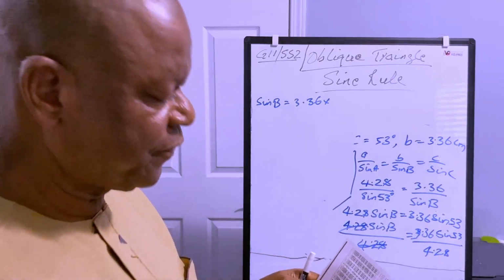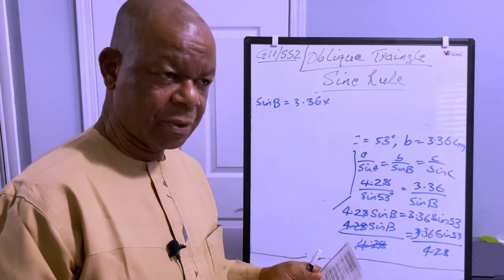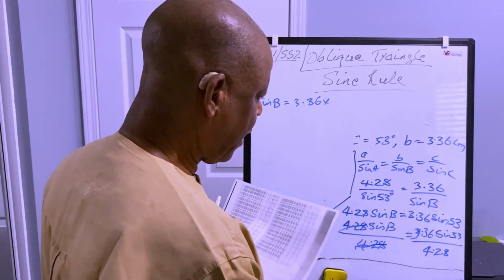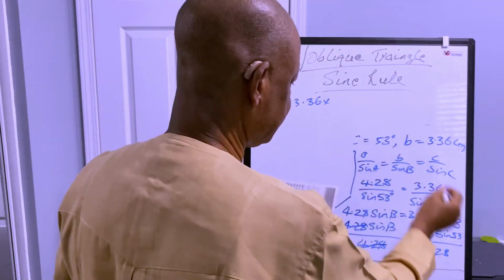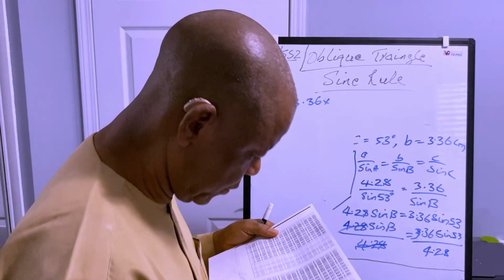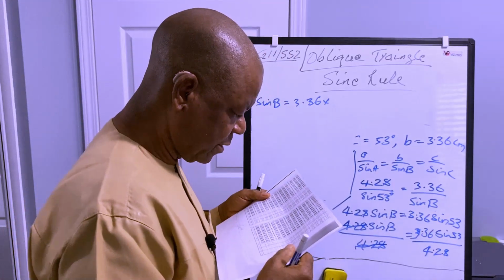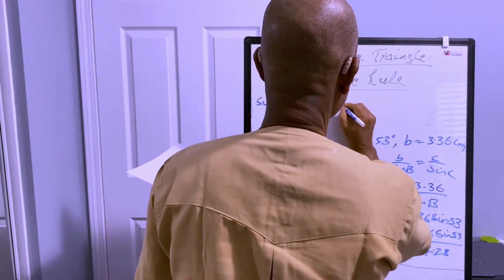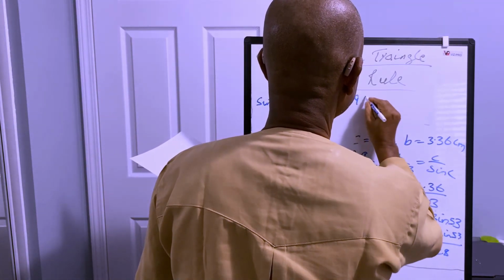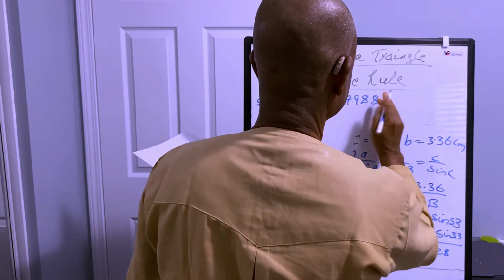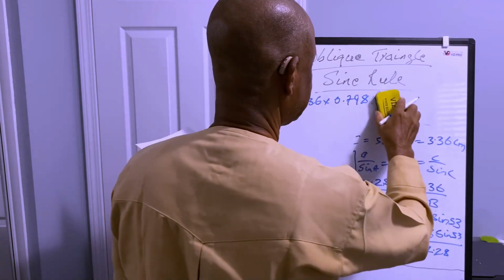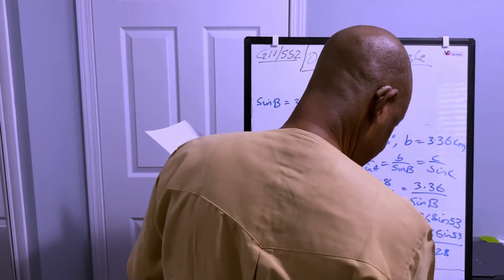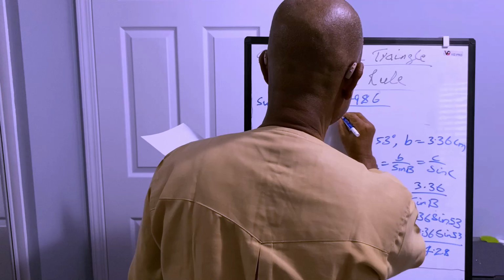It's better to use four-figure table than calculator sometimes, because calculator may be faulty and may not tell you. We now pick the value of sine 53 degrees from the four-figure table. Here it says 0.7986, divided by 4.28.